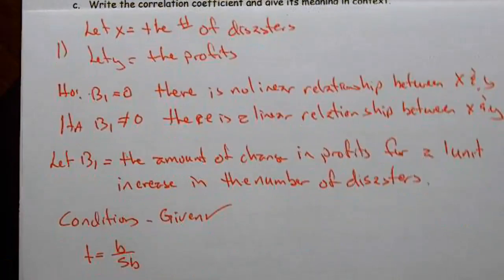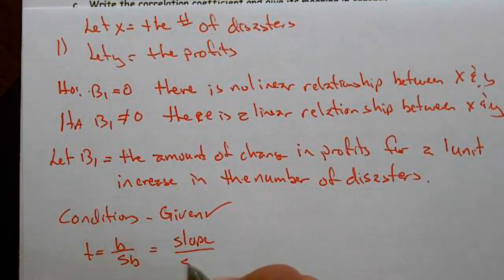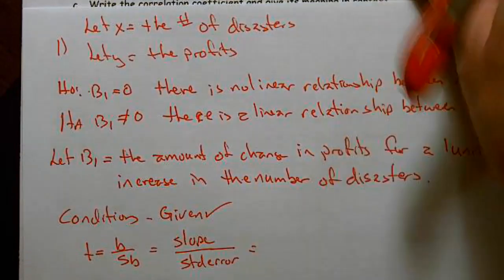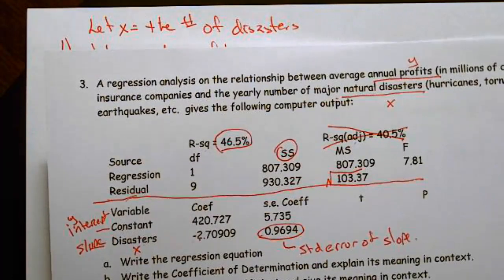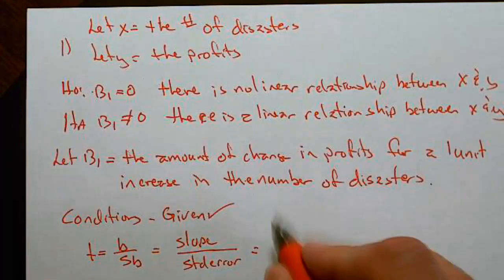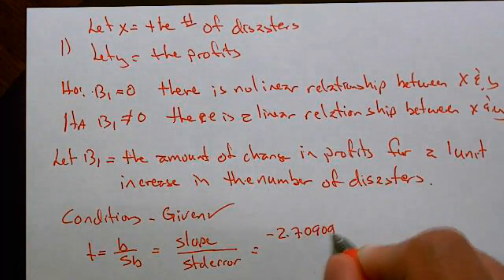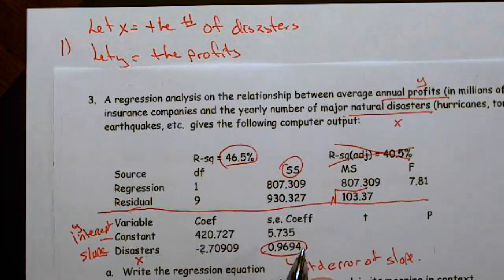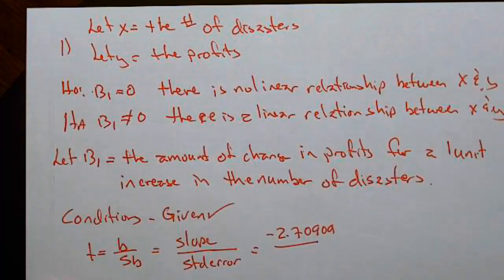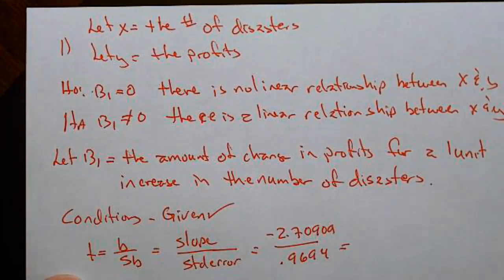So T equals B over SB. So T equals slope over the standard error. And our slope is negative 2.709. And our SB is 0.9694. So we're going to end up getting a T statistic.